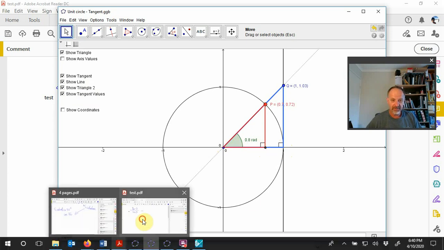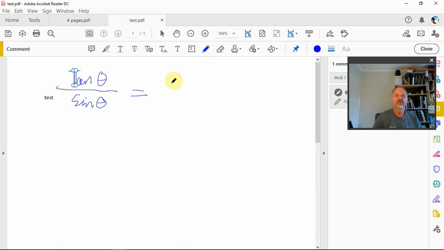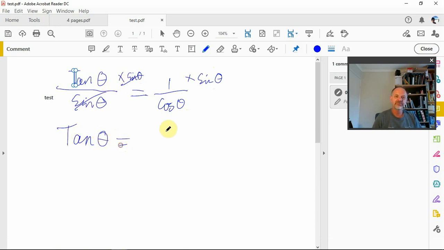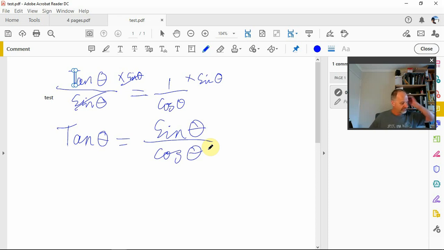And so going back here, that's 1 over cos of our angle. Now, if I multiply both sides here by sine theta, then it cancels there. And so we have this other expression that tan theta is also sine theta on cos theta. All right, so we can get tan theta in two different ways.